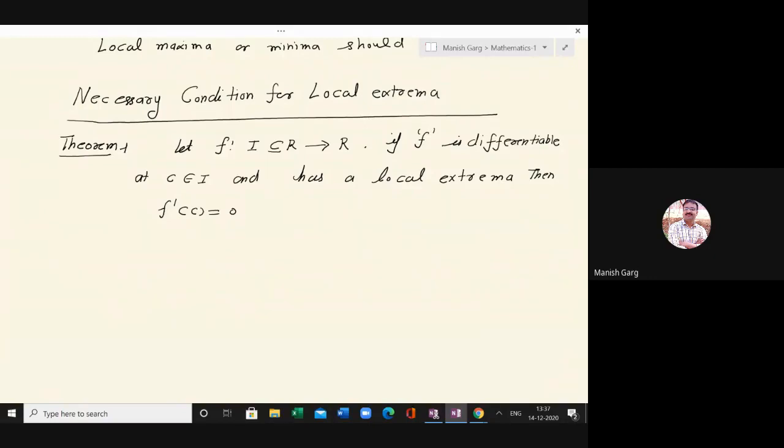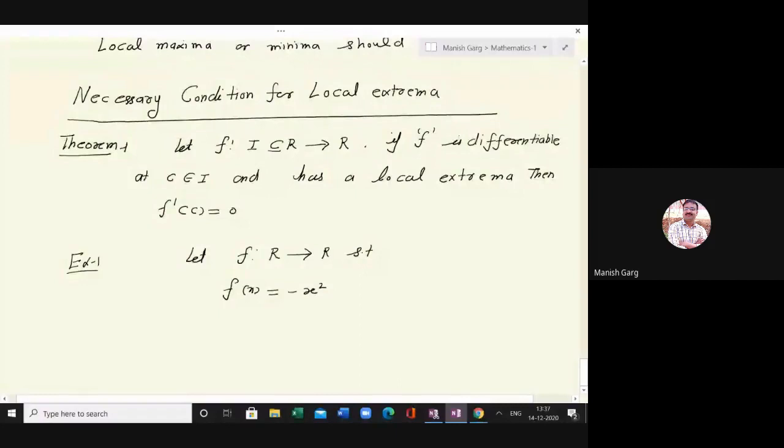There may be a chance that f dash x is equal to 0 at some point, but that point is not a local maxima or minima. How? Let us see two examples. Example 1. Suppose you have a function from R to R such that f(x) is equal to minus x square.